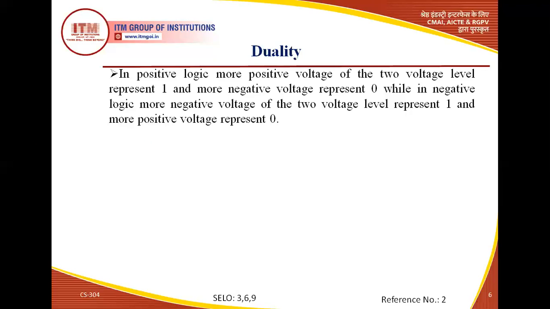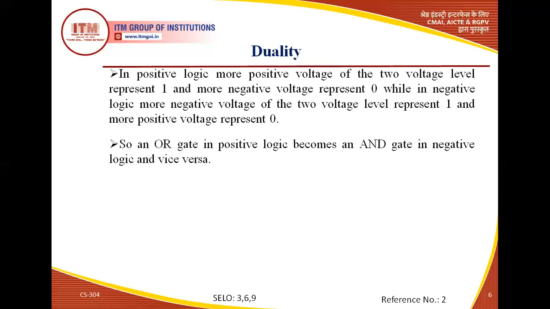So these are the two types of logic used to represent 0 and 1: one is known as positive logic and the other is negative logic. So in going from positive logic to negative logic, 1 is converted into 0 and 0 is converted into 1.